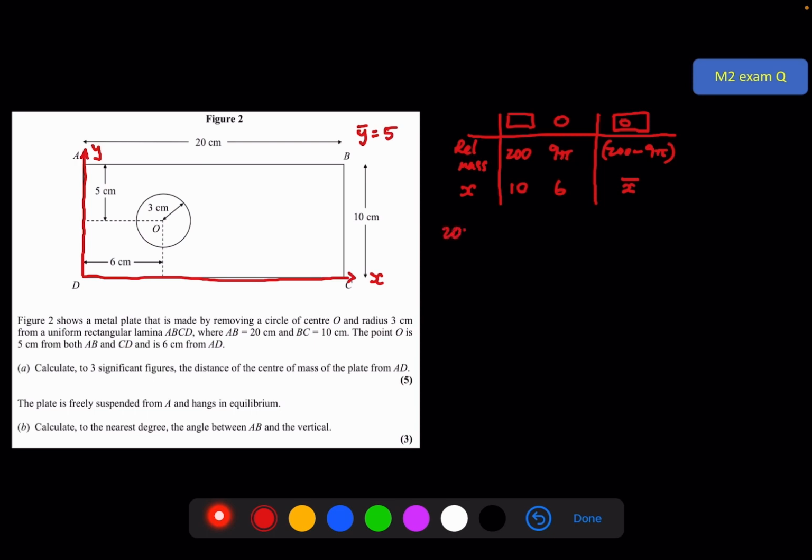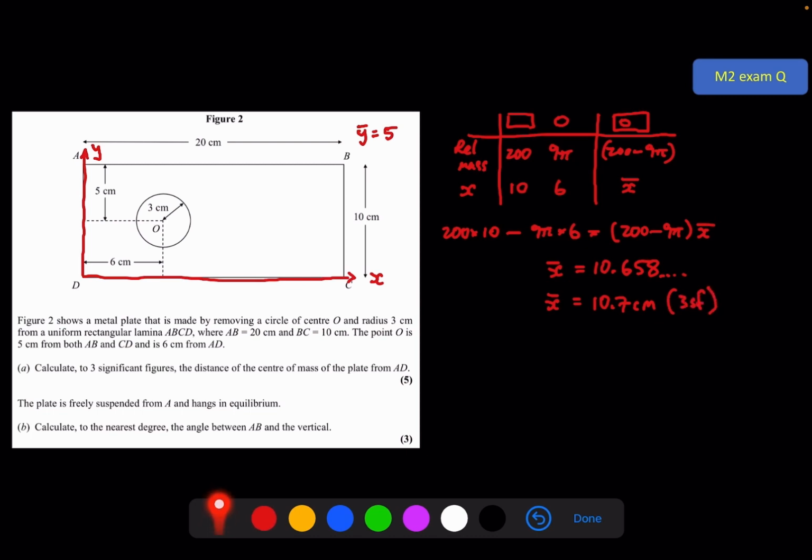So we've got 200 times 10 minus 9 pi times 6 must equal 200 minus 9 pi times x bar, which gives us a final answer of 10.658..., which to three significant figures, 10.7 centimeters.